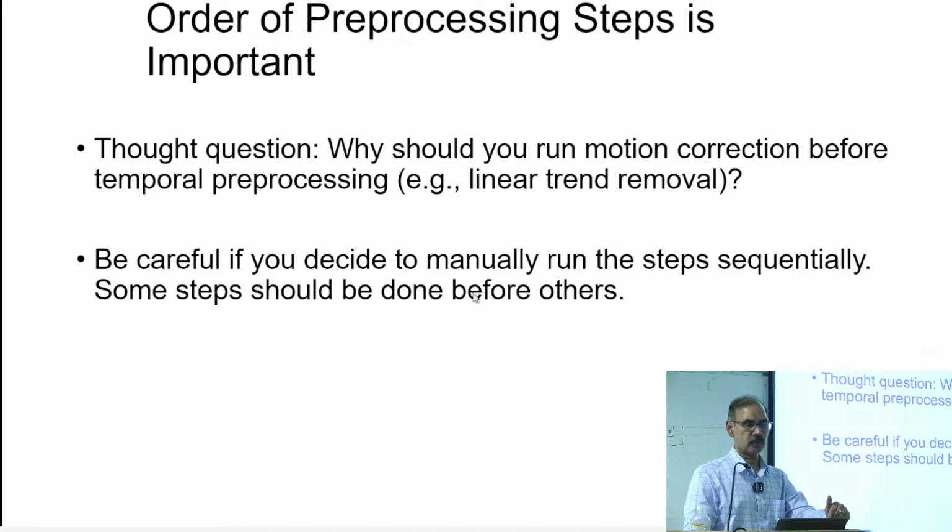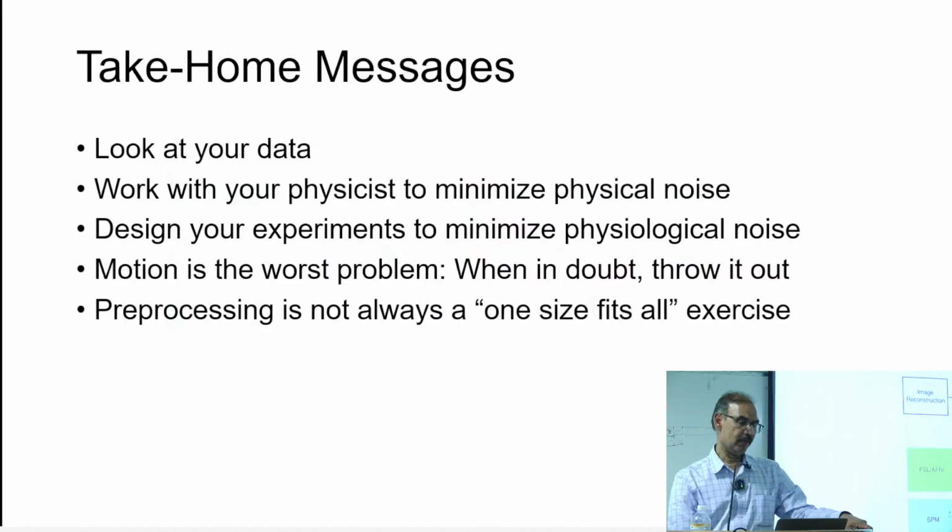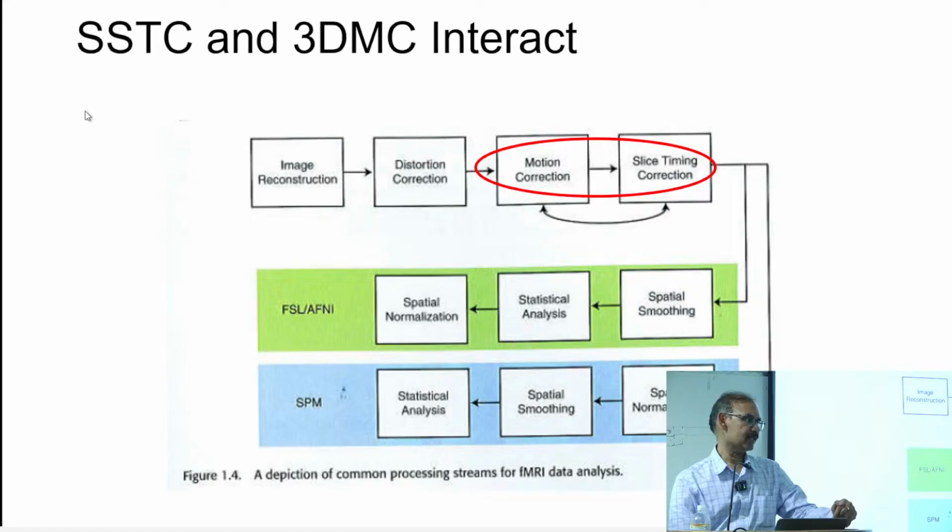So be careful about how you run the steps, right? Some steps should be done before others. And this is where it's a little tricky, because even among software packages there are differences in opinion as to how things should be done. Dipabi has a different idea also, as some of you had mentioned.